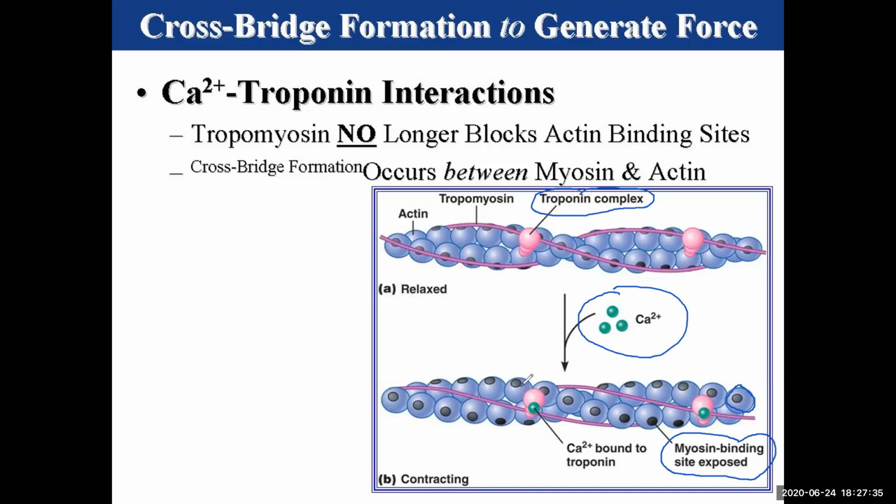So every time that calcium is present, the myosin binding sites on the actin are exposed, meaning the myosin from the thick filament can come in and kickstart the cross bridge formation.